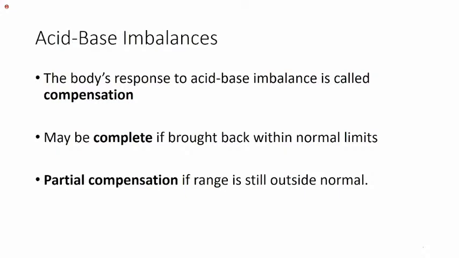However, if your body is trying, but the pH is still outside normal, we call that partial compensation. And then you require the doctor to help your body. So compensation can either be complete, where your body takes care of the issue by itself and normalizes the pH, or it can be partial.